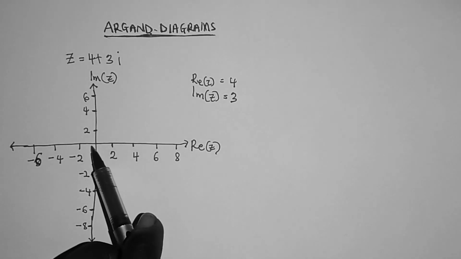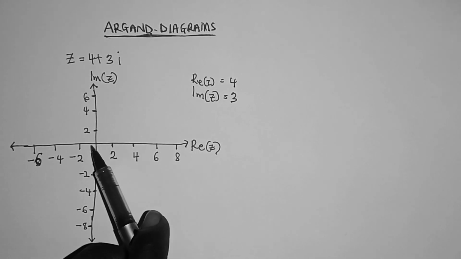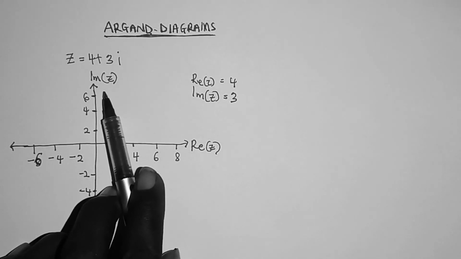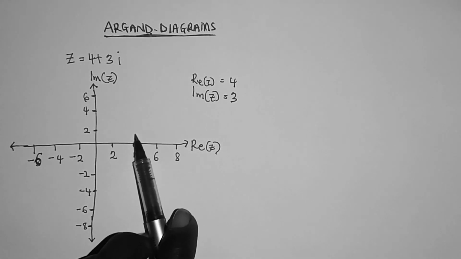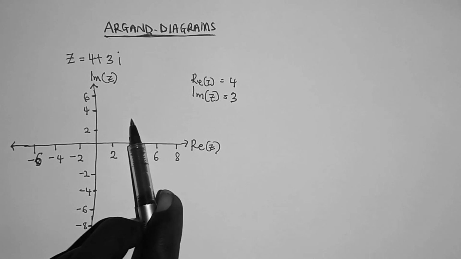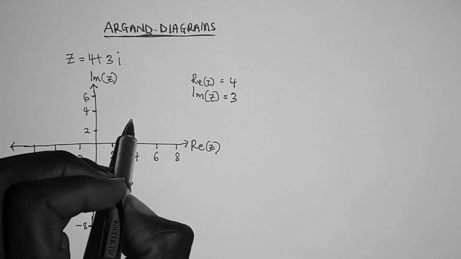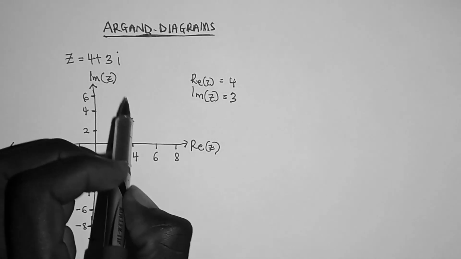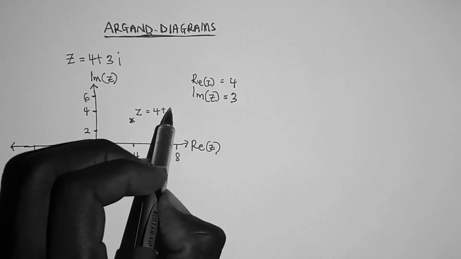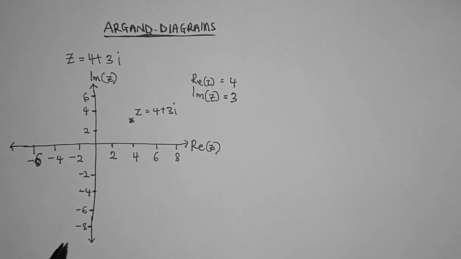So on the real axis, we will plot 4, and on the imaginary axis, we will plot 3. So this is 4 on the real axis, and this is 3 on the imaginary axis. They intersect somewhere here, and therefore this point is the point z equals 4 plus 3i.